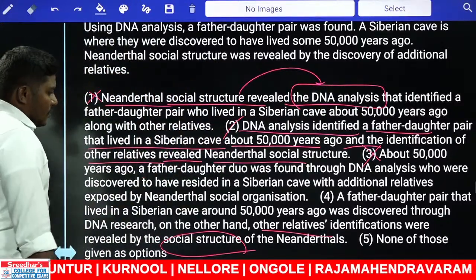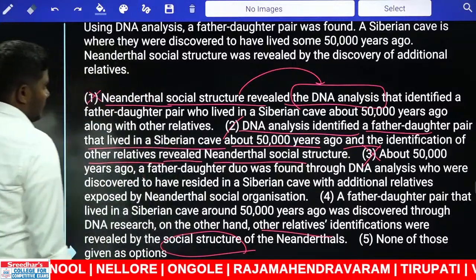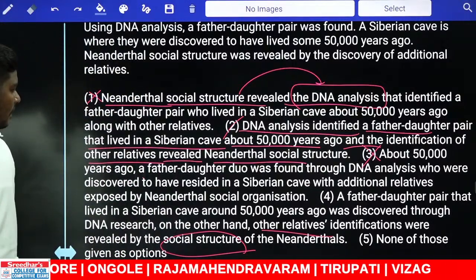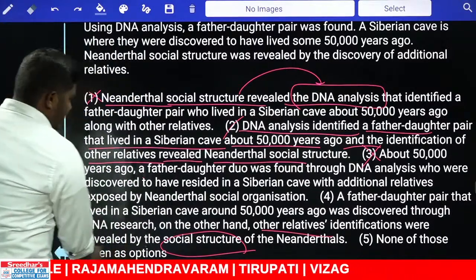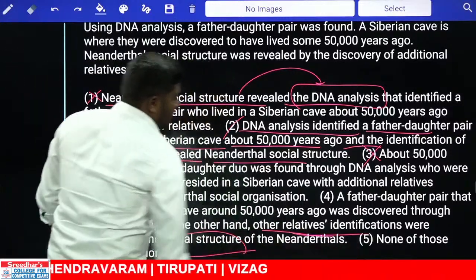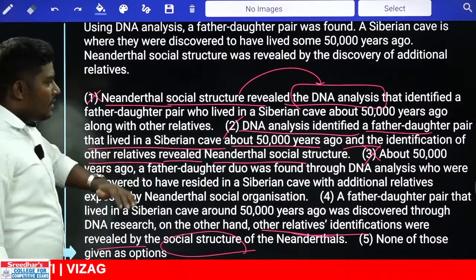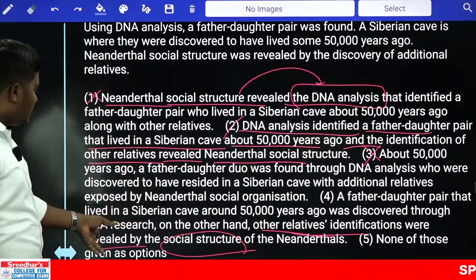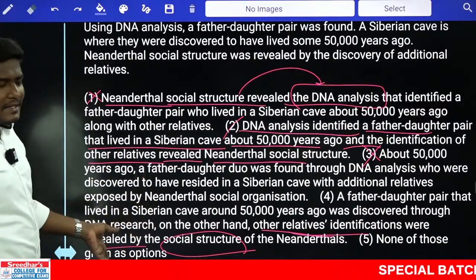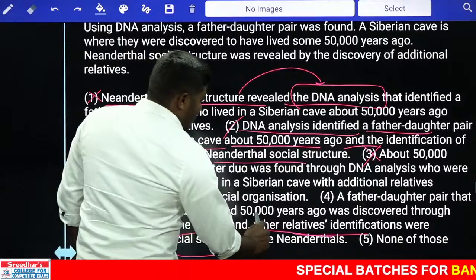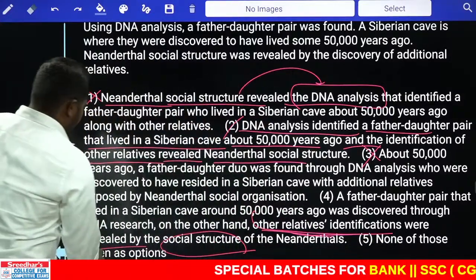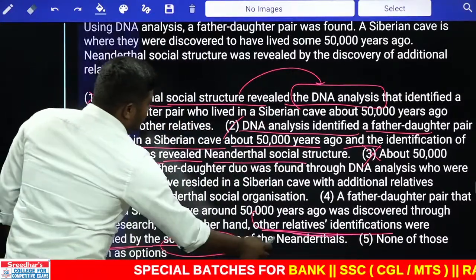Look at this, relatives were not revealed by the social structure. If you use the combination were revealed by, that goes as a passive. Relatives were revealed by the social structure.